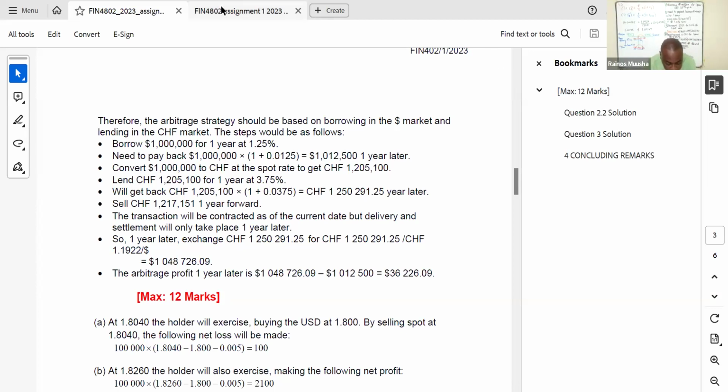So can we move on to the next question, which is question 2? Any question on question 1 before we move on to question 2?